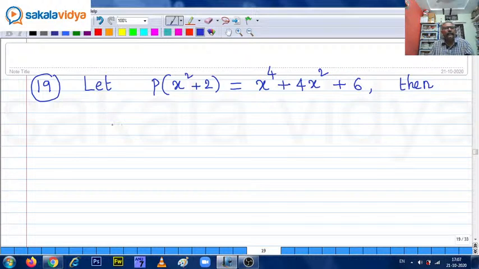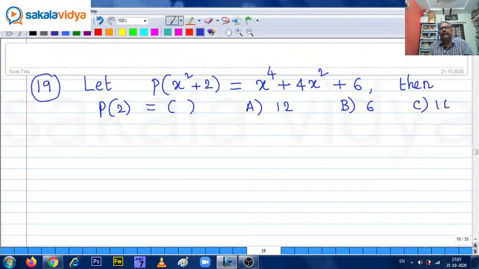Then p of 2 equals to: option A 12, option B 6, option C 10, option D 11. Anybody? What is the answer? You try this question. Did you get it?